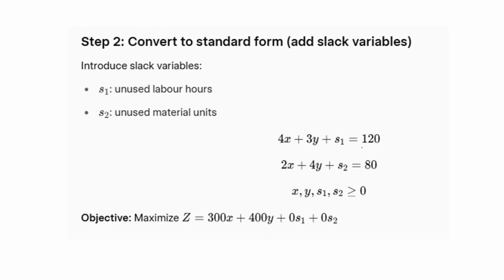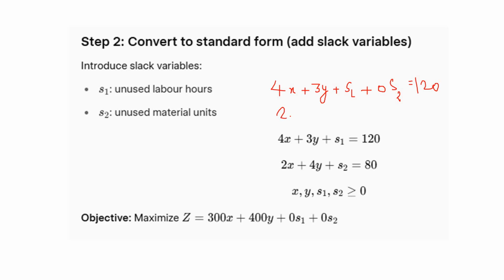So 4x plus 3y plus s1 equal to 120, 2x plus 4y plus s2 equal to 80, and you can rewrite the equation like this: 4x plus 3y plus s1 plus 0 s2 is equal to 120.